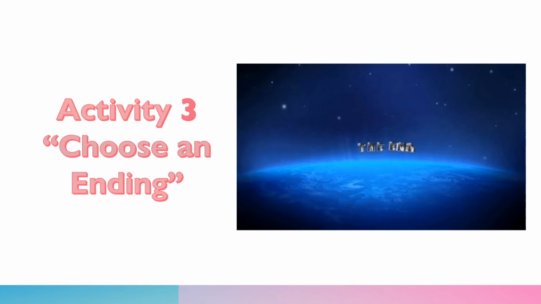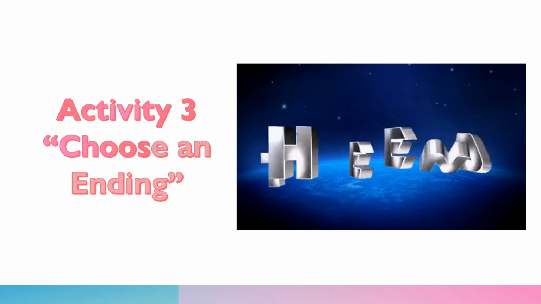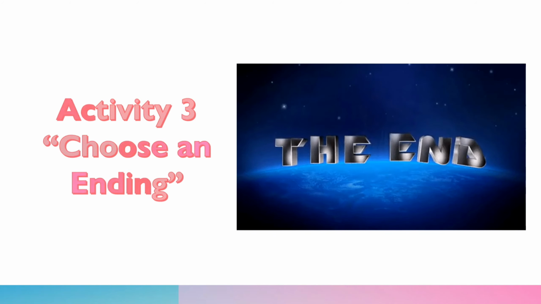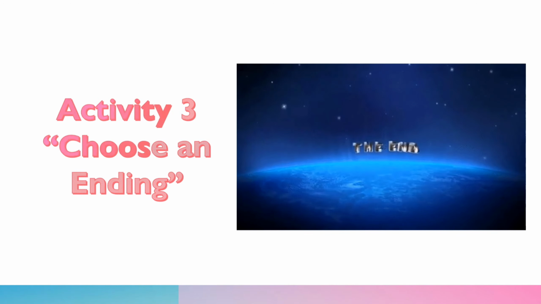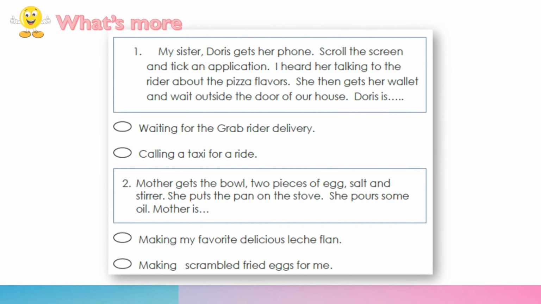Now, in Activity 3, choose an ending. Read each story beginning, then shade the circle of the sentence that makes the most sense of ending. Number 1. My sister Doris gets her phone. Scroll the screen and pick an application.